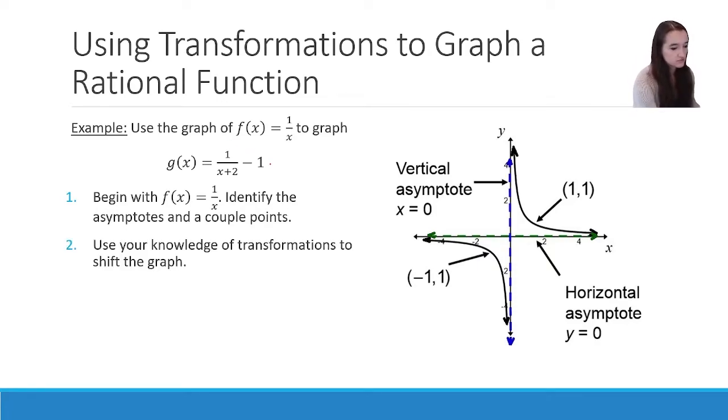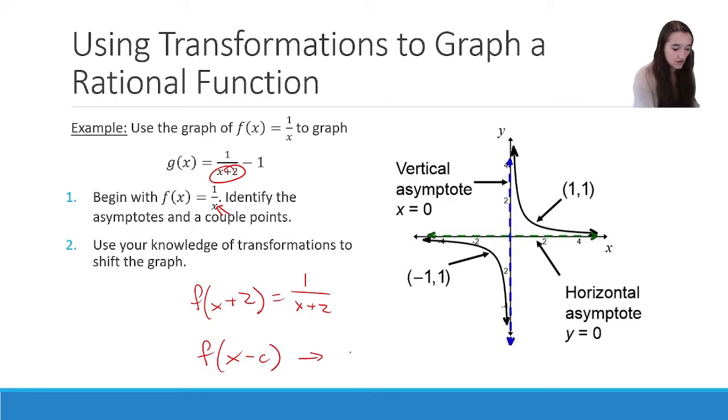So first, we look at our x plus 2. And so remember, this is inside of f of x, right? This is f of x plus 2 would equal 1 over x plus 2. Inside means horizontal transformations. So, horizontal transformation, essentially, remember, f of x minus c means shift by c.